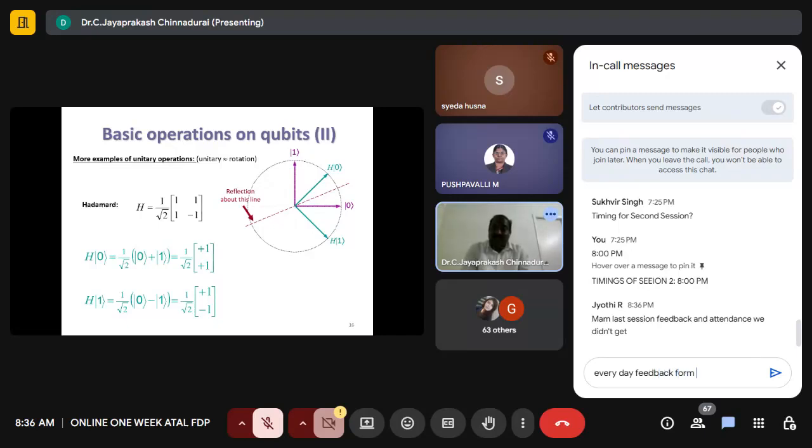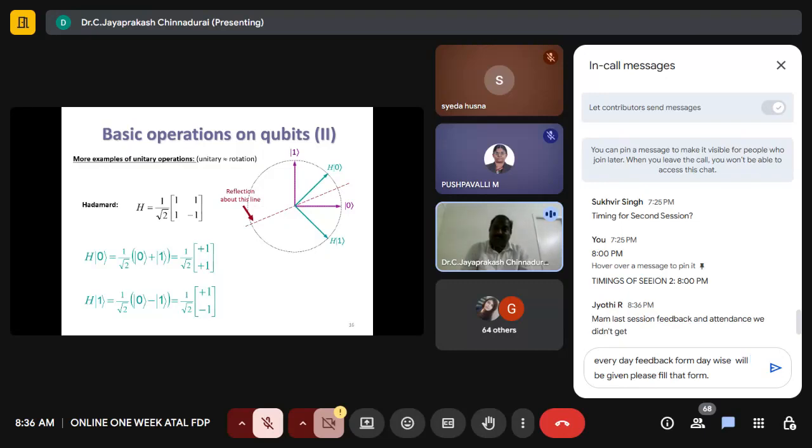At the same time, if the value is changed, the state is changed by the Hadamard. Then the changed states are represented as H of ket of 0 and H of ket of 1. We already told that the atom will rotate in all directions. The changes will occur in various states.